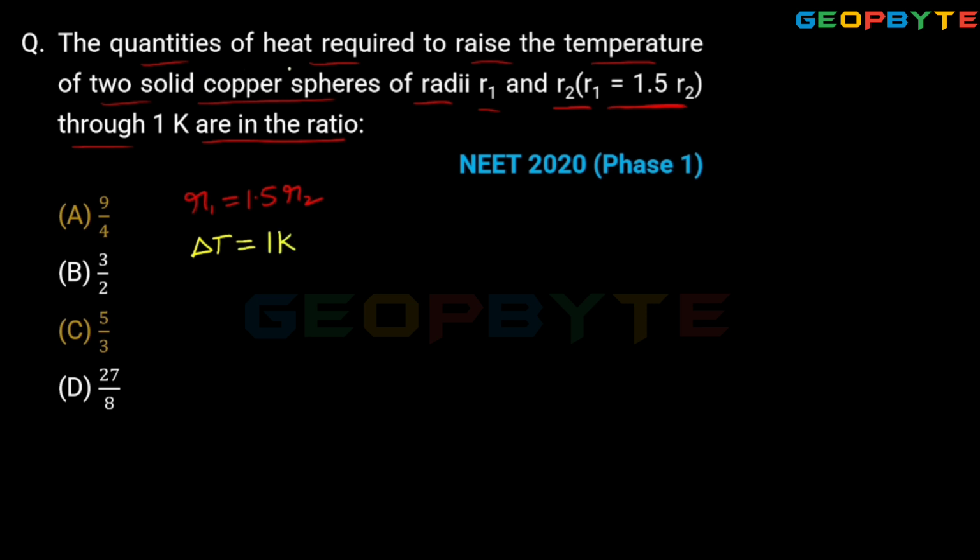It is asking the quantities of heat required to raise the temperature of two solid copper spheres. That means specific heat S remains constant.